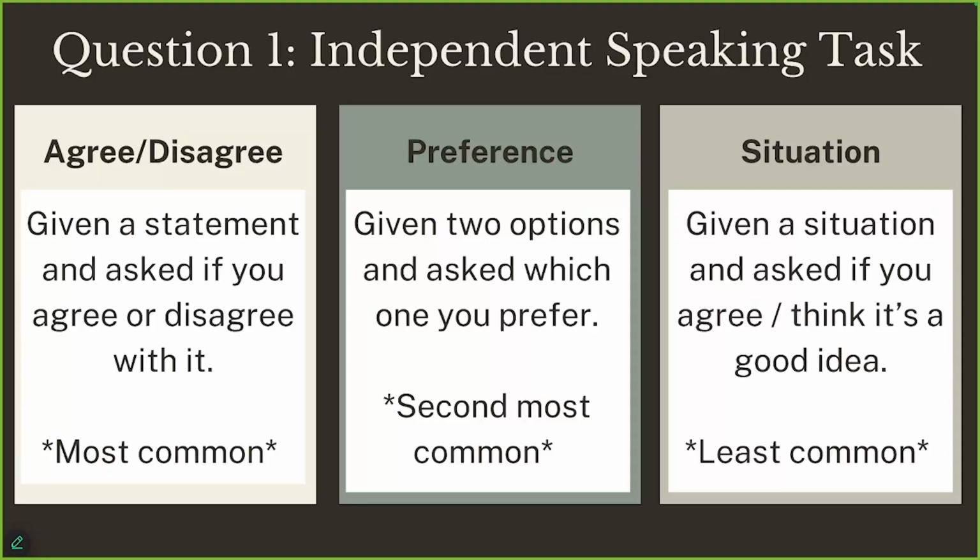So you'll be given a statement and asked if you agree or disagree with it. That's the most common question that you'll get. Or you could be given 2 options and asked which one you prefer. That's the second most common. And then the least common is you'll be given a situation and asked if you agree or think it's a good idea. But again, any type of question you get, you'll answer it in the same way.